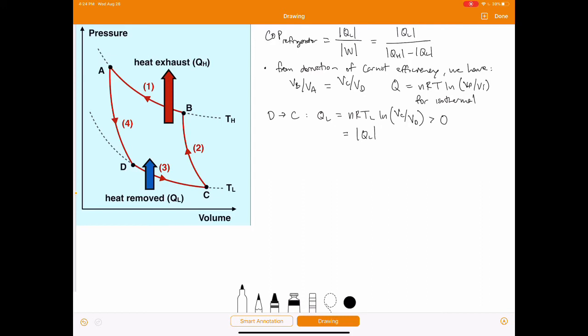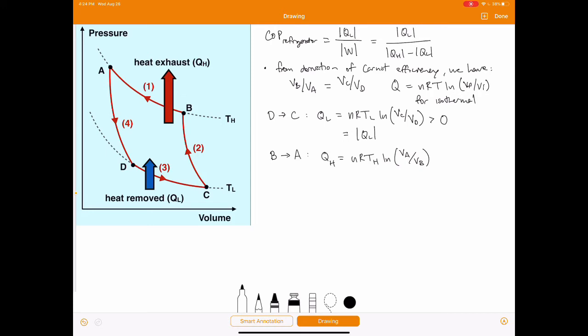We also need to look at the process that takes us from B to A. The process from B to A is another isothermal process. So we know that Q is given by nRT times the natural log of V final over V initial. In this case, we're talking about QH. The temperature is TH, and we have the natural log of the final volume, which is VA, divided by the initial volume, which is VB.